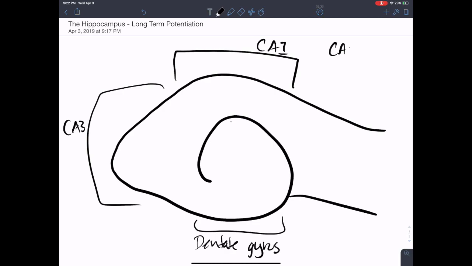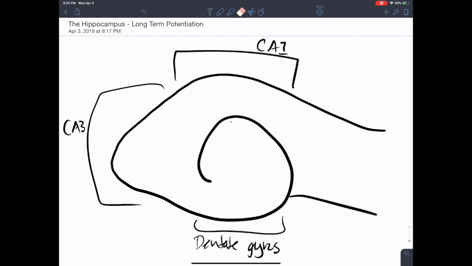CA stands for cornu ammonis, which in English means Ammon's horn, just because it kind of looks like a horn. Don't memorize that, but know that CA is referring to this horn area. So that could be a good way for you to memorize the fact that CA corresponds to the horn part. Not super important, but just helps me a little bit.